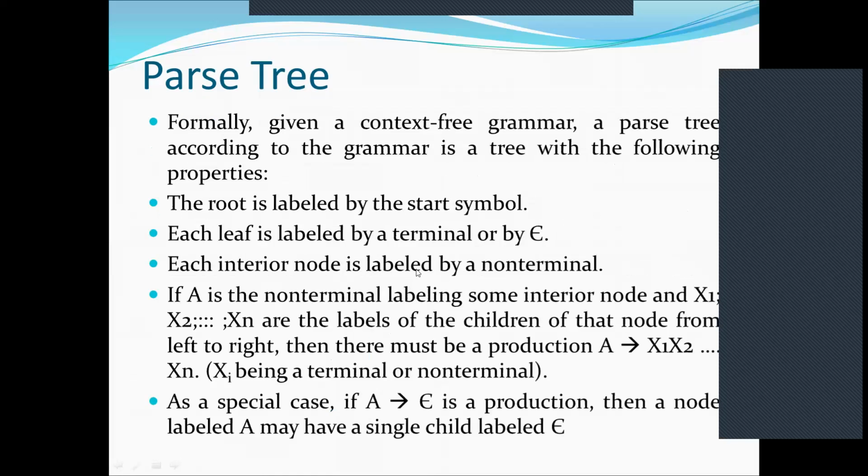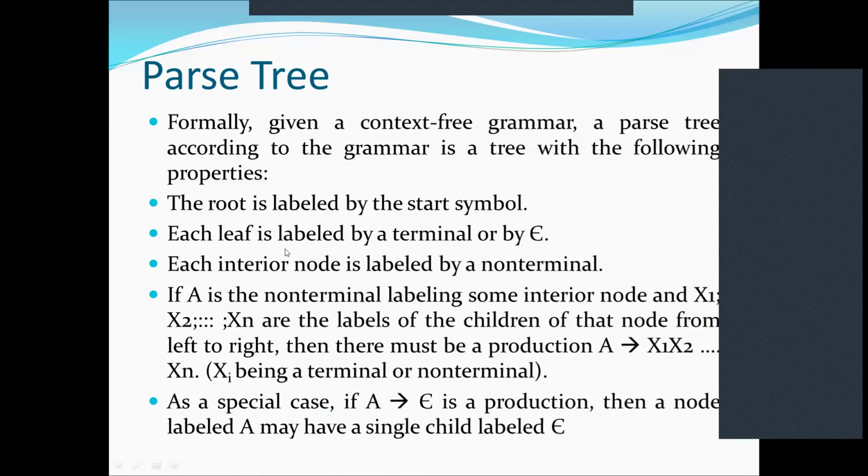So now this we probably studied in the last class. Formally, given a context-free grammar, a parse tree according to the grammar is a tree with the following properties. The root is labeled by the start symbol, as we have studied.